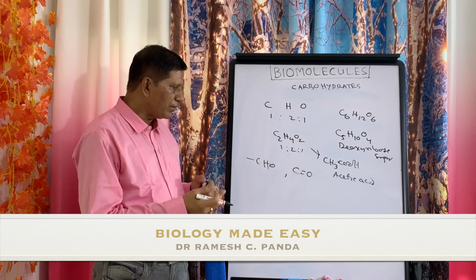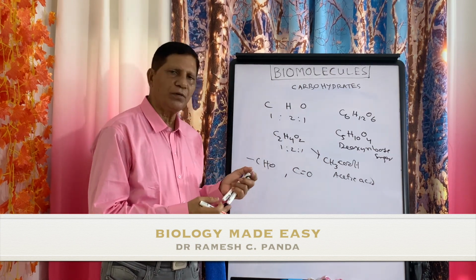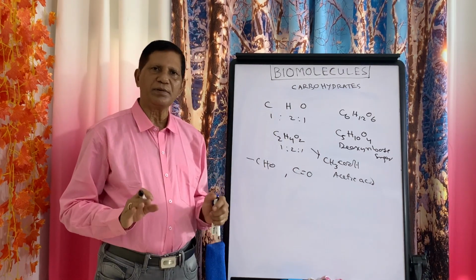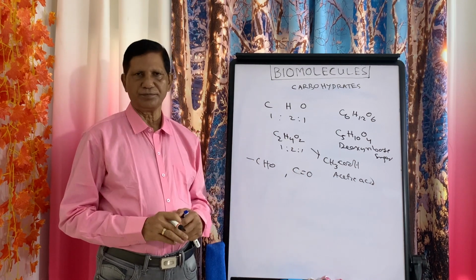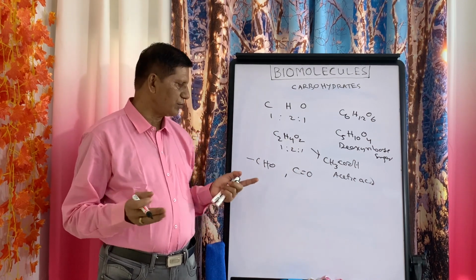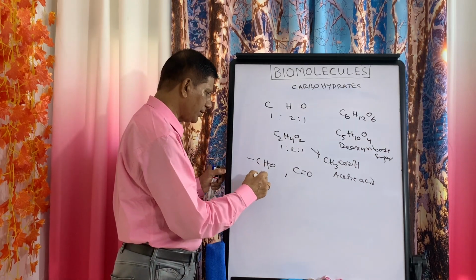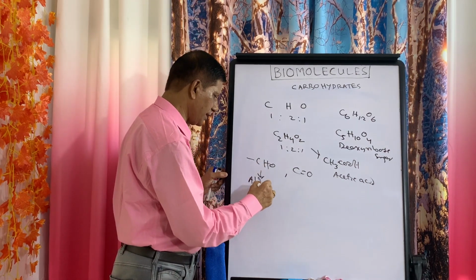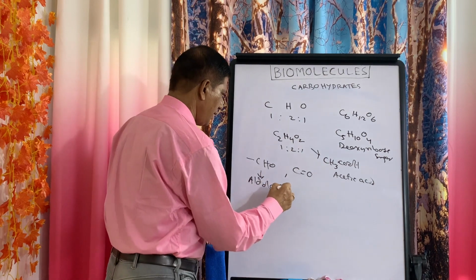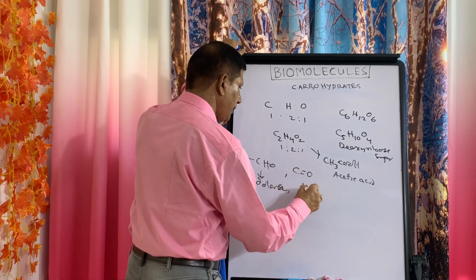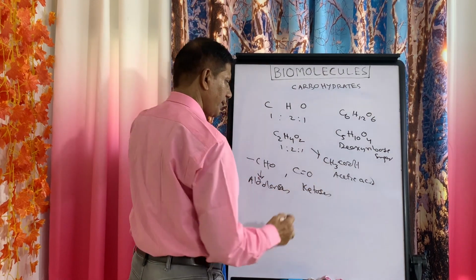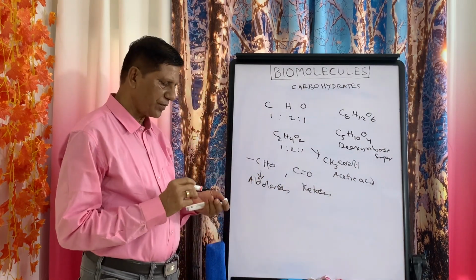So any compound that contains either aldehyde or keto group, they are known as carbohydrates. This is the present accepted definition. And all the carbohydrates will have either any one of these. If it has an aldehyde group, then we will call it aldoses. And if it has a keto group, we will call it ketoses. But they are all carbohydrates.